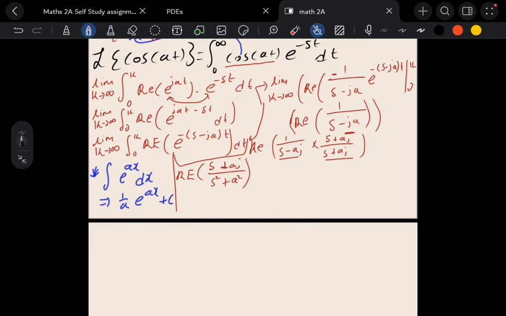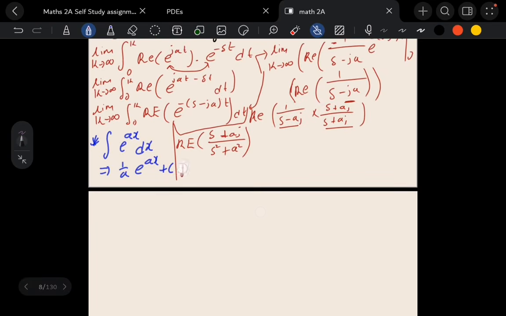You can do FOIL and then please separate it. If you separate it, I'm going to have s over (s squared plus a squared) plus j in brackets a over (s squared plus a squared).